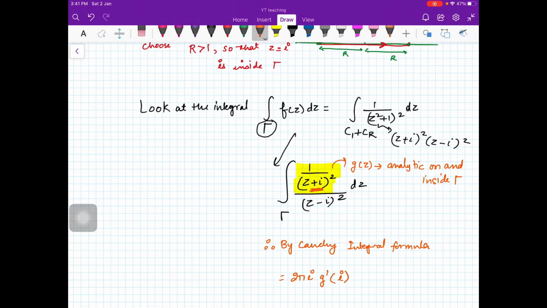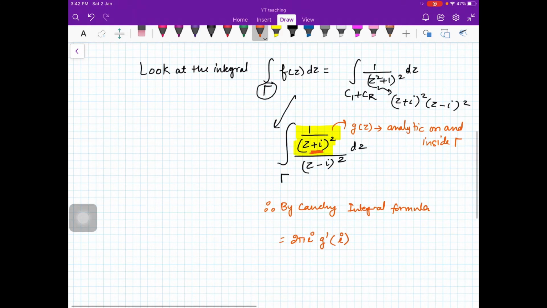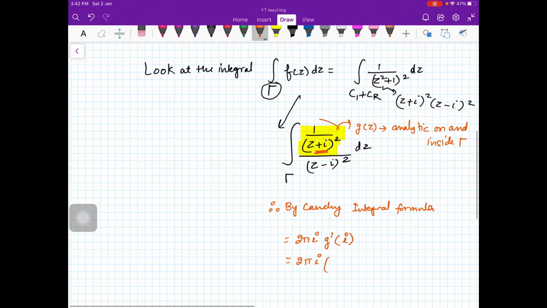You compute the derivative of g and put the value of z as iota. So this is 2 pi iota and its derivative is minus 2 upon (z plus iota) cube. In place of z I put iota, so iota plus iota, (2 iota) cube. So this is equal to pi by 2.